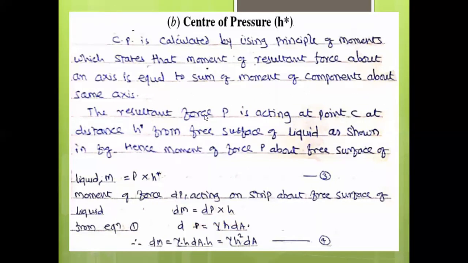We have studied this principle of moments in mechanics. What is the meaning of this? Suppose there are different forces acting on one particular structural component, let us say a beam. These are the three different forces which are acting there.